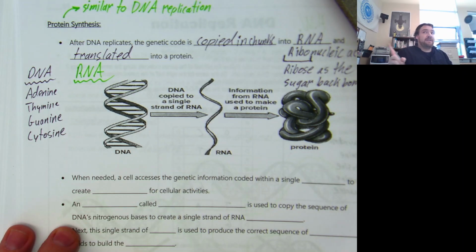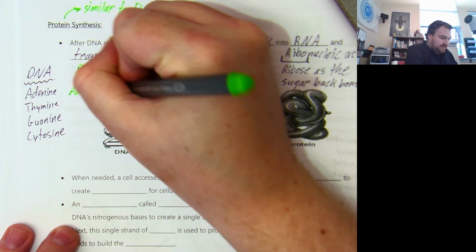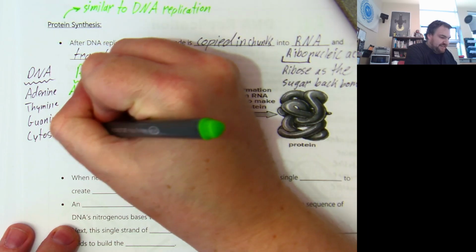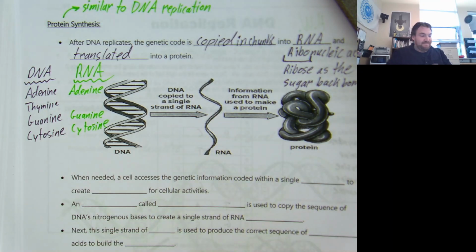In RNA, adenine stays. Guanine stays. Cytosine stays. But there is no thymine in RNA. The thymine gets replaced. Why? I don't know. But the thymine does not exist in the RNA.